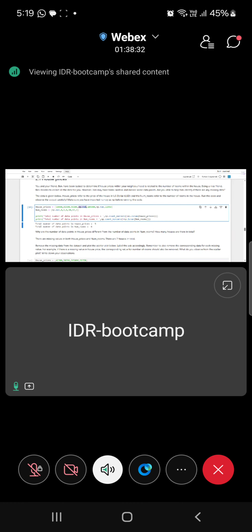So when it uses np.count_nonzero, you can see for yourself, it counts 1, 2, 3, 4, and 5, which gives you 5 over here. Similarly, over here it counts 1, 2, 3, 4 and gives you 6. So np.count_nonzero is a function used to count the number of data points.